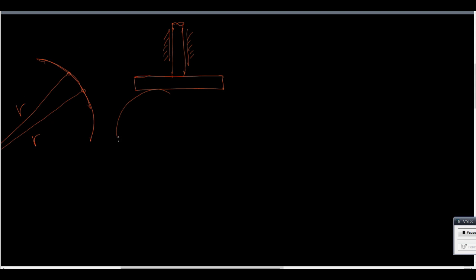Here's the cam. That's the contact point. Now over here I have a local radius. That center is here, let us say. On this body, don't worry about that prismatic joint. You worry about this body and this higher pair.